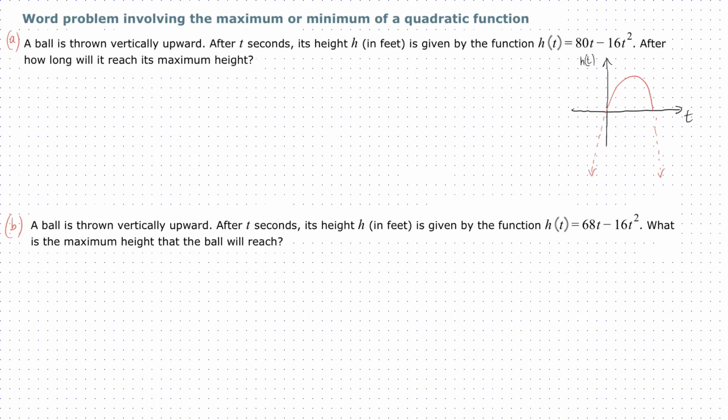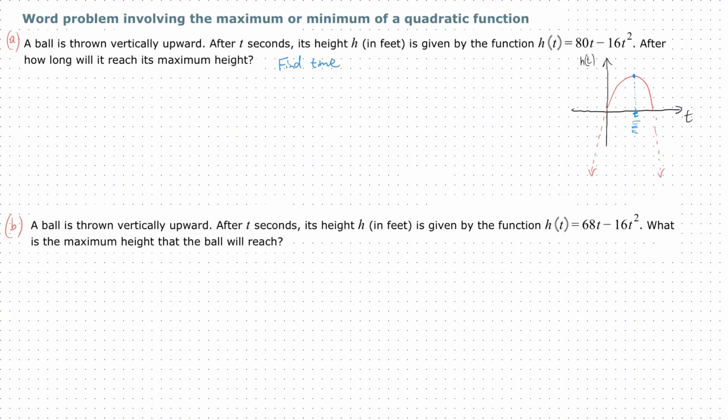We want to find how long it takes to reach its maximum height. So if we take this vertex and drop it down, we're trying to find some t value that lies on the t-axis. So we'll make a note of that. We're really finding time. The way we're going to do this is by completing the square to find its vertex.